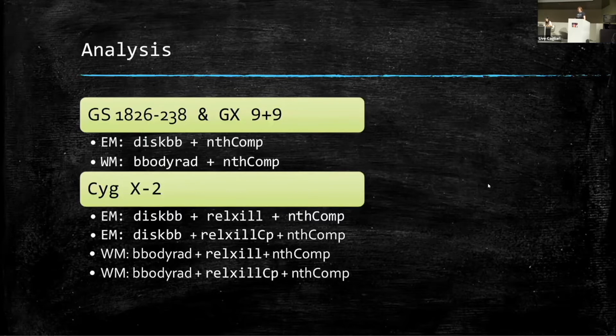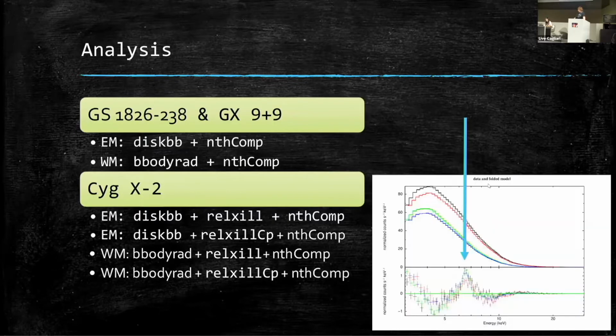However, for the case of Cygnus X-2, that is not as easy because we have some reflection component, as we can see here on the bottom panel. So we also have to account for this, and we did in this study using the Relxill model.